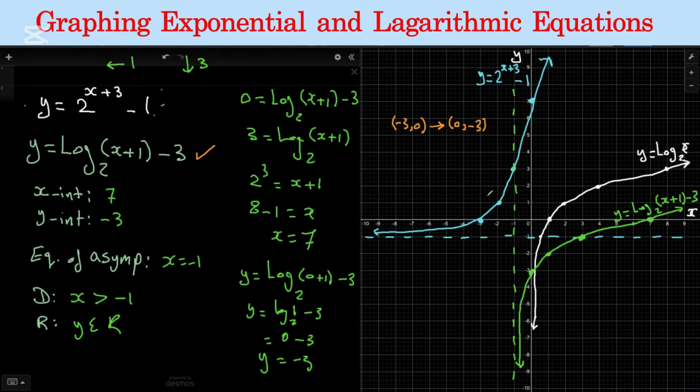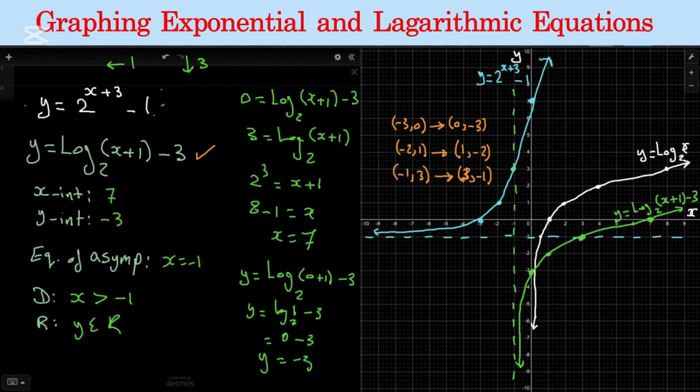We have a point at negative 2 and 1. What's the inverse of that point? It's 1 and negative 2. Inverse means you're switching the 2 coordinates. Do we have a point at 1 and negative 2 here? Yes, we do. And then here we have negative 1 and 3, which gives me, for the inverse, 3 and negative 1. And we have 3 and negative 1. And therefore, these two graphs are the inverse of one another.